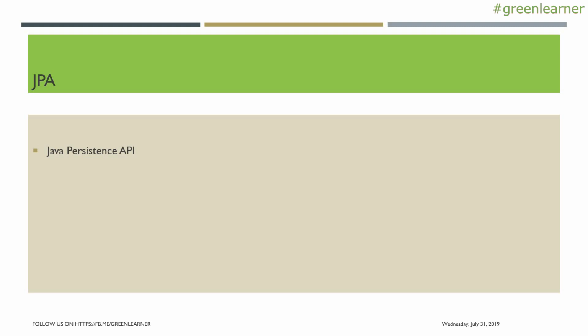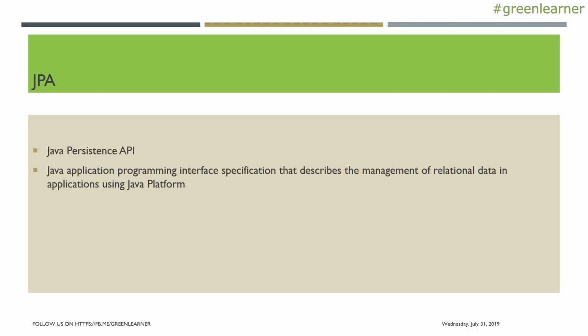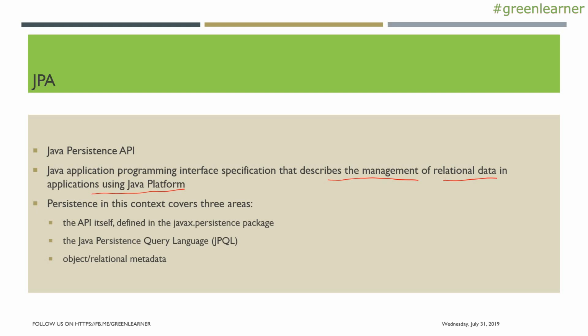What is JPA? It is the short form of Java Persistence API. API in itself is an application programming interface, which describes the management of relational data in applications using the Java platform. So persistence, the P keyword, Java Persistence, covers three areas.